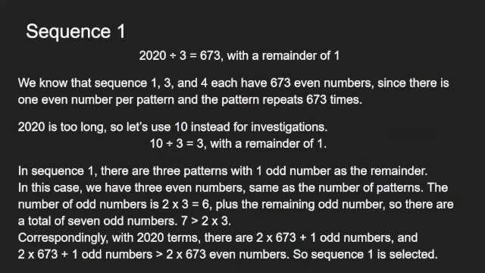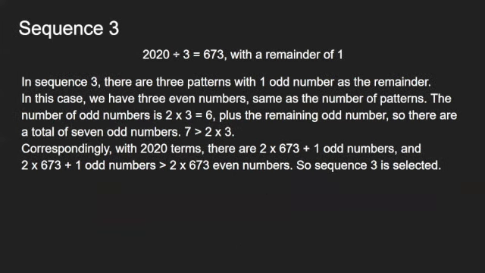There are 2 times 673 plus 1 odd numbers, since there's one odd number that remains because it's still sequence 1. And 2 times 673 plus 1 odd numbers is greater than 2 times 673 even numbers. So sequence 1 fits the requirements and it's selected.